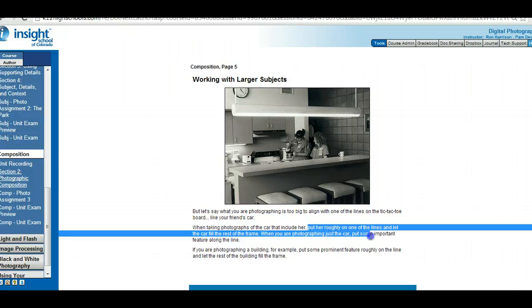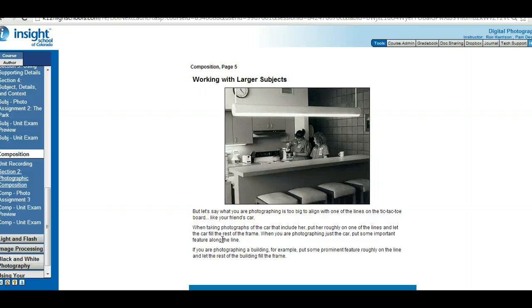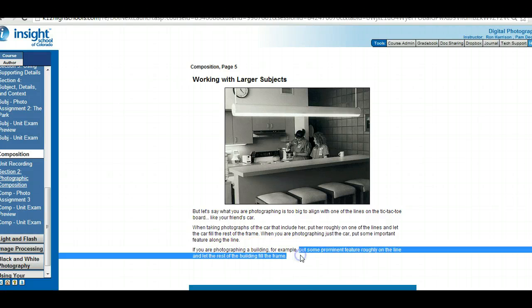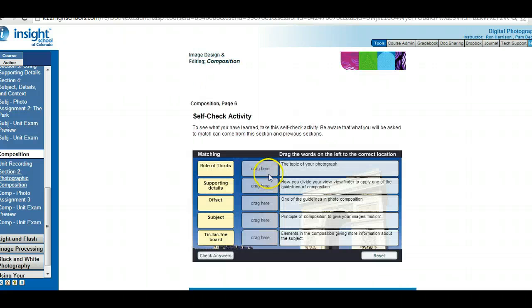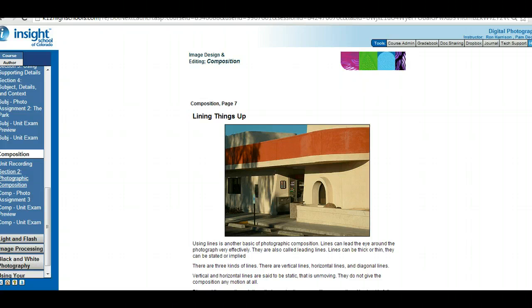When you're photographing just the car, put some important feature of the car along the line. If you're photographing a building, put some prominent feature roughly on the line and let the rest of the building fill in the frame. So here's a self-check activity talking about rule of thirds.